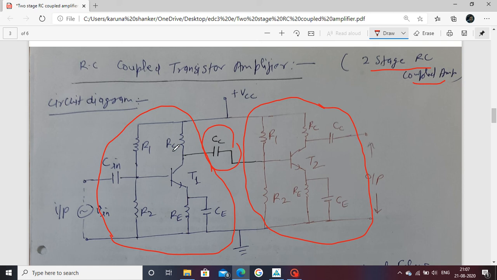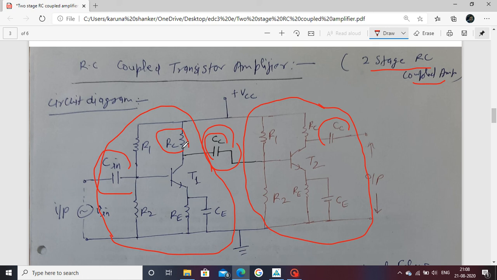You see the circuit description. Here you see the input capacitor, meaning the coupling capacitor on the input side. This is your coupling capacitor. This is also a coupling capacitor on the output side. R1, R2 and RE are the biasing components. Similarly here, R1, R2 and RE are the biasing components.